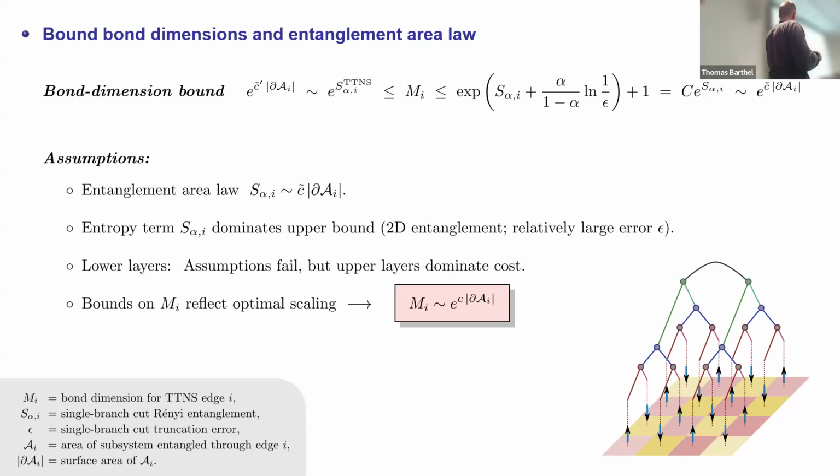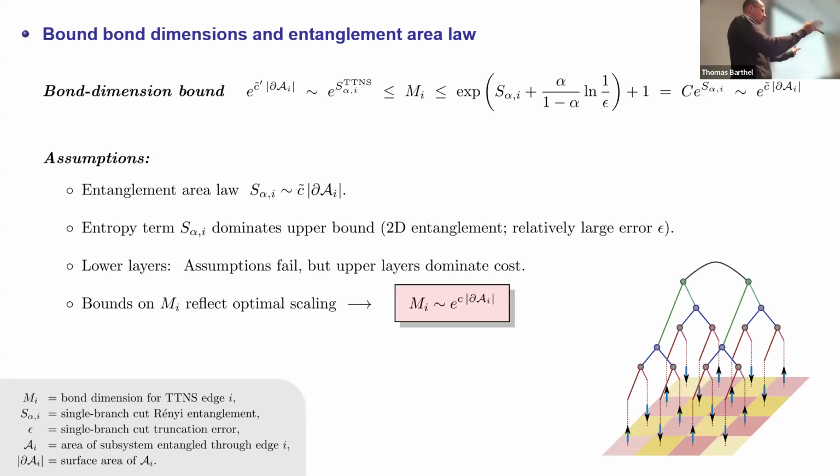And actually, there's some room for improvement here. I think you can connect this back to the entanglement of the original system with some continuity bounds for Renyi entropies, which are not so great generally. I'm talking about the Renyi entropy of a state and the Renyi entropy of another state which has distance epsilon.